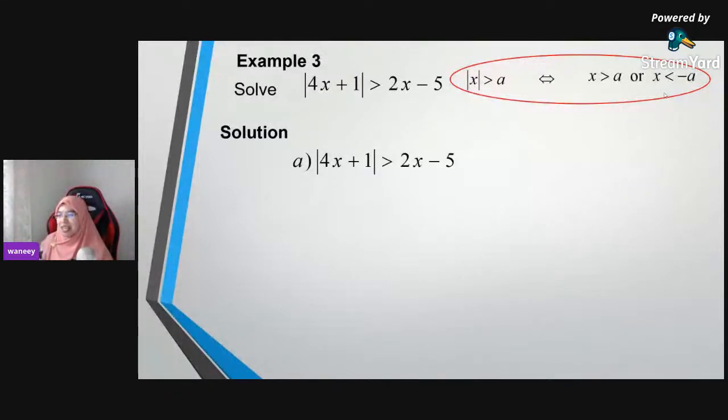Ni dah dapat jawapan ke belum ni? Oh, ada seorang dah dapat jawapan. Okey, orang lain? Dapat tak? Cepat. Jawapan dia apa?